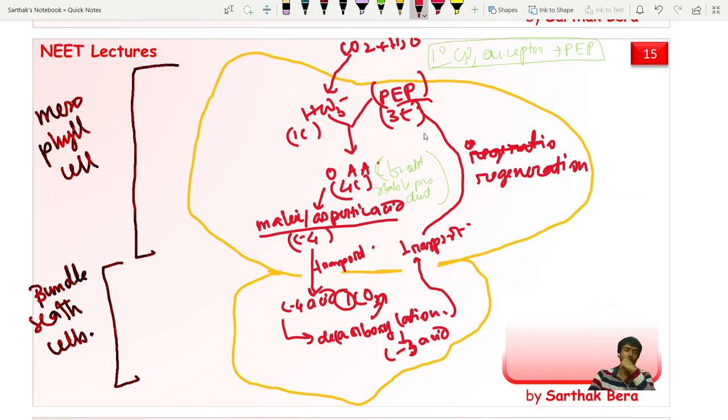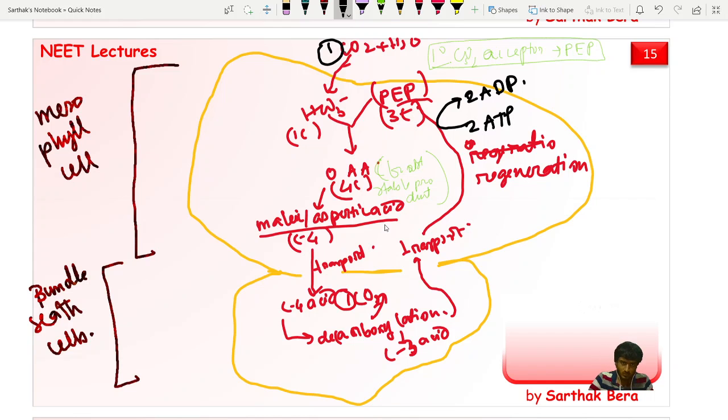What is the regeneration of phosphoenol pyruvate? The regeneration of the phosphoenol pyruvate from the C3 acid occurs in this step. And remember, this regeneration process for fixing one carbon molecule here requires a net of 1 ATP to 2 ADP here. Very clear.